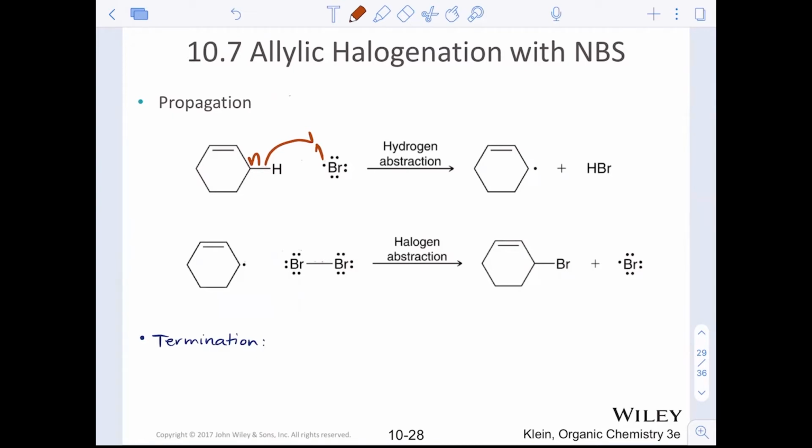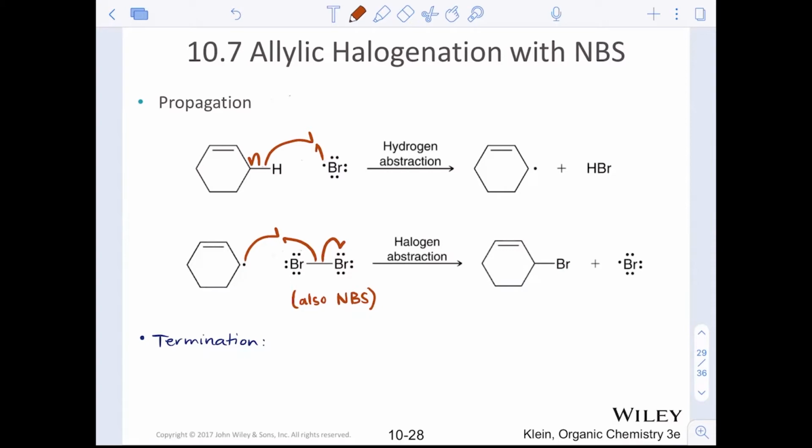The only difference is the first step, when we do homolytic cleavage of NBS. In the second step, we do see Br2, and I'm going to explain why. You could also use NBS to do the halogen abstraction in the second propagation step. We're going to use Br2 right now just to keep things a little bit simpler. This would add that bromine onto our organic molecule at the allylic position.